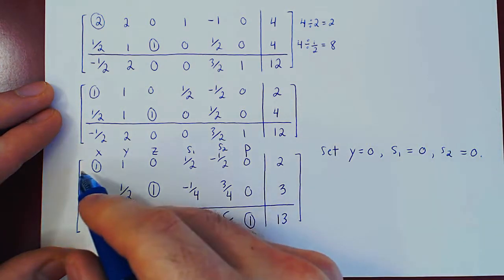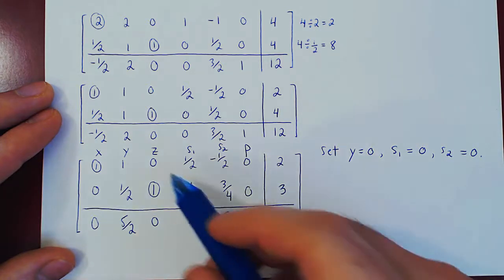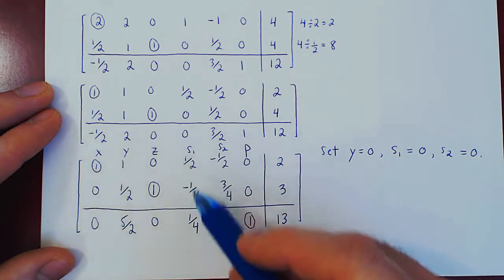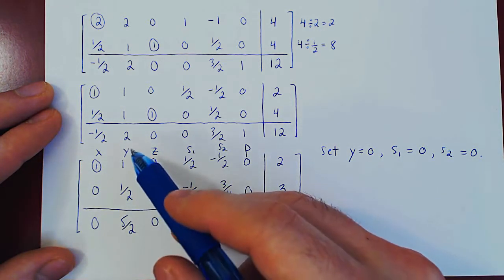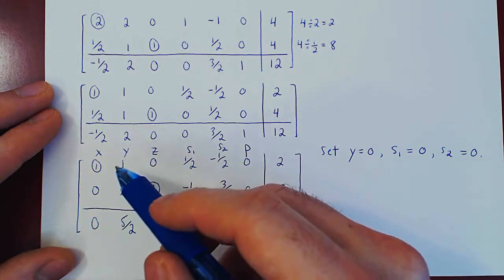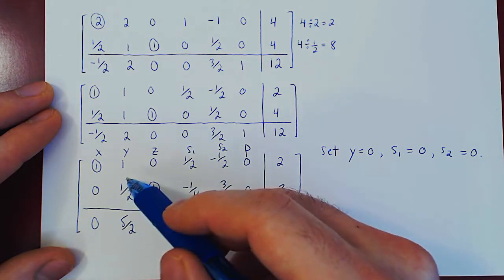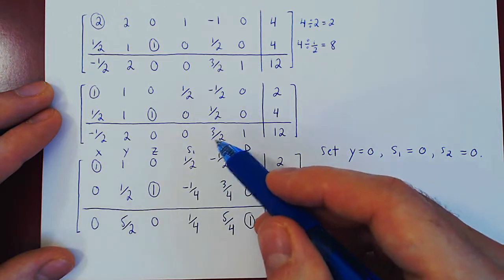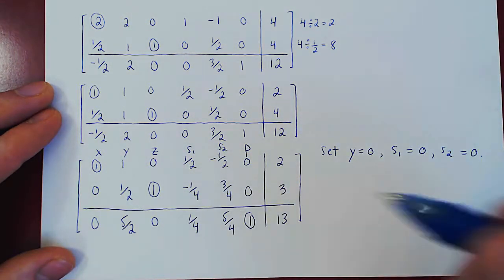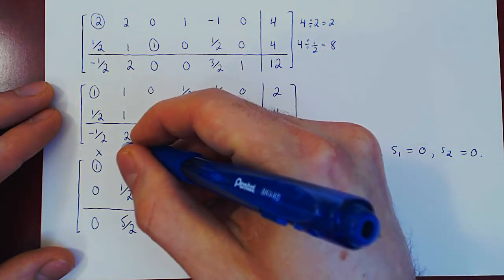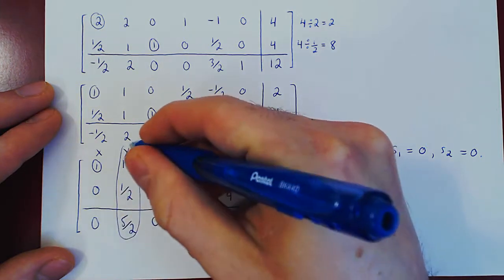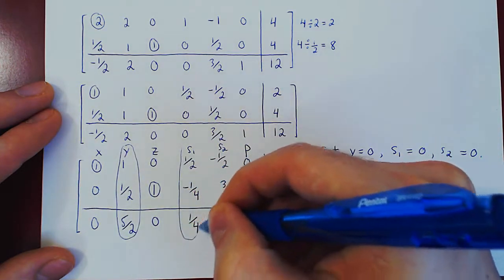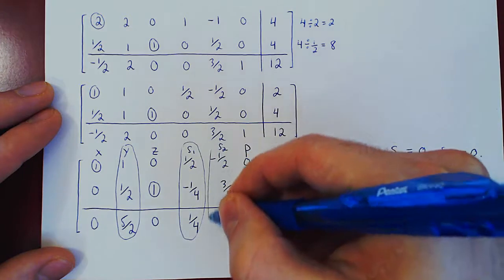Now if you think back to the rows being equations, well, as all of the non-basic variables are equal to 0, we can ignore these columns, as we would get plus some real number in each case times 0, which is 0. So these no longer affect our equations now that we've set them to be equal to 0.